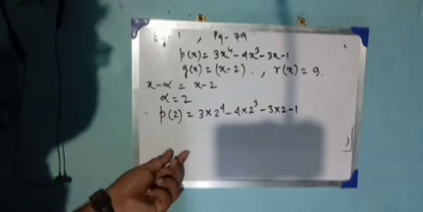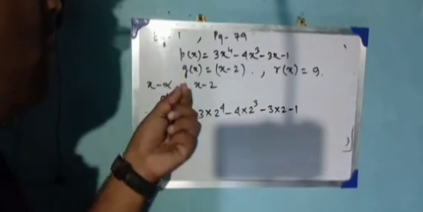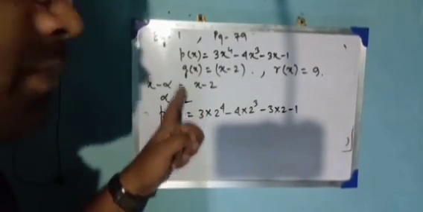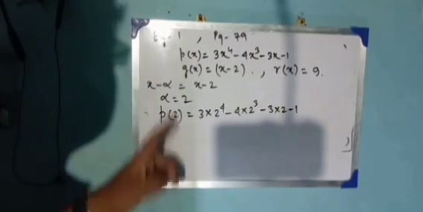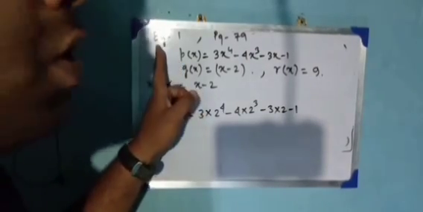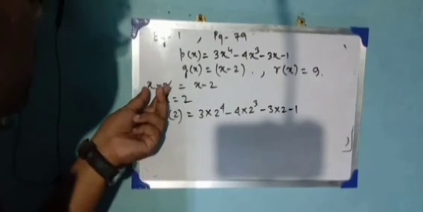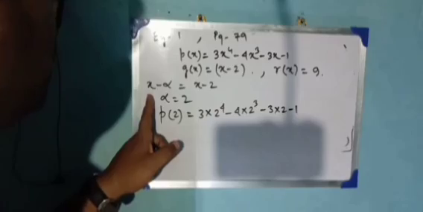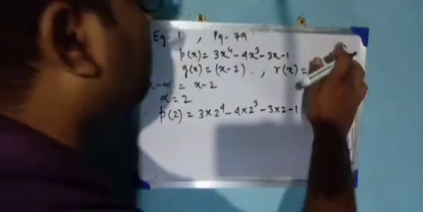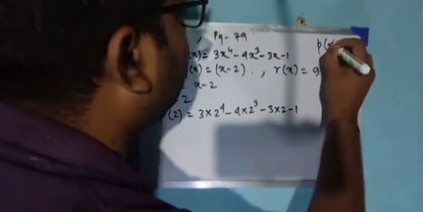What was the remainder theorem? If P(x) is a polynomial divided by the polynomial x minus alpha, then as a remainder we will get P(alpha), and we have proved that earlier.